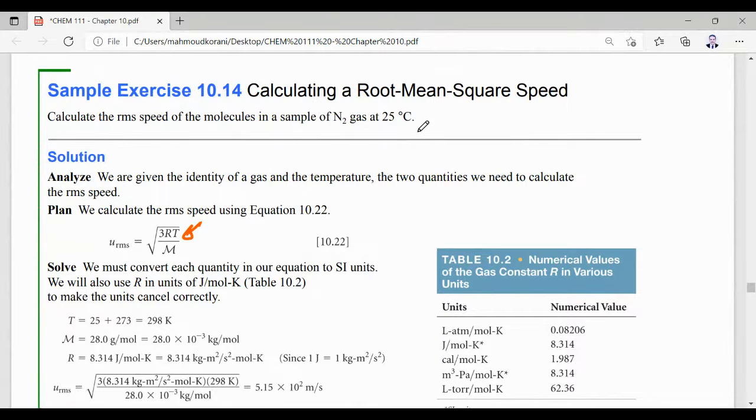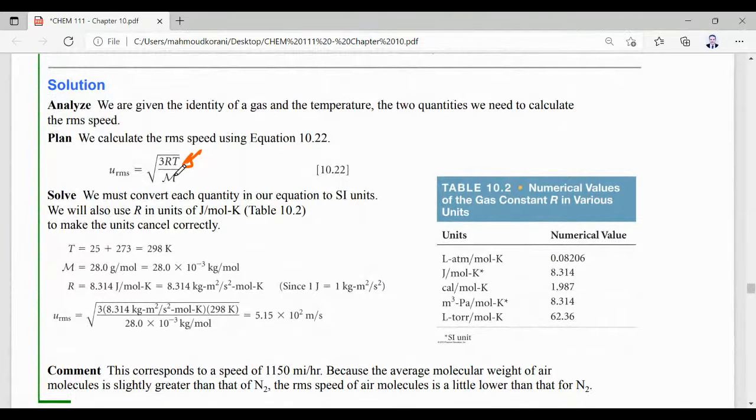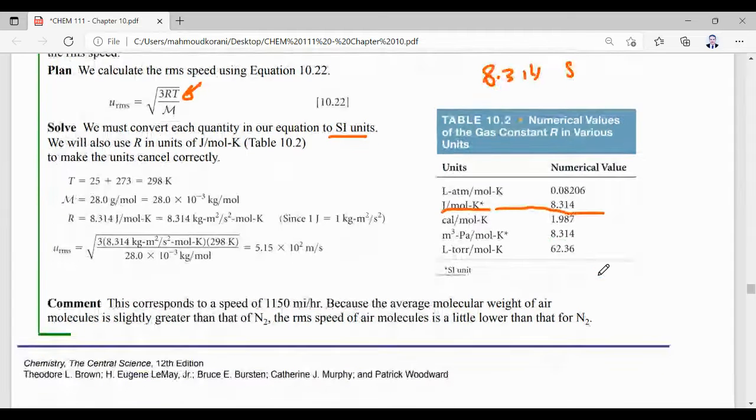The temperature should be in Kelvin, so you should add 273.15 to this value, and R is a constant. The point is that we must convert each quantity into SI units. And the SI value of R is 8.314 joules per mole per kelvin. You remember that? Okay.